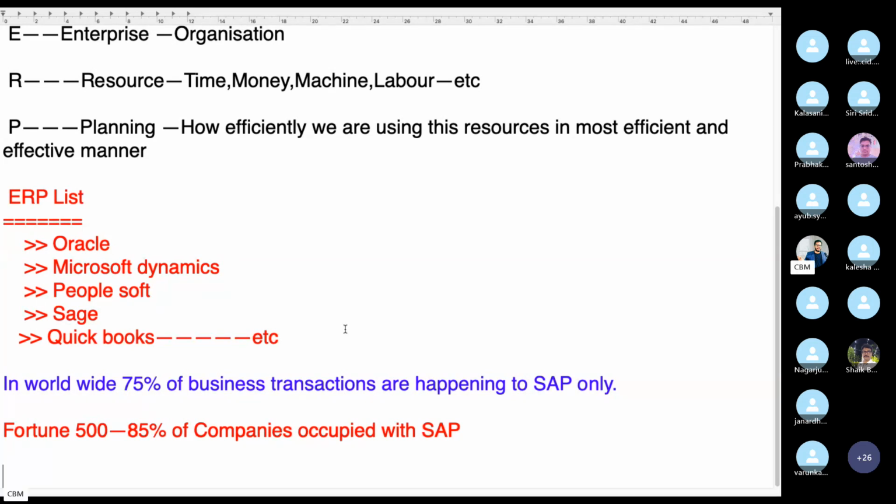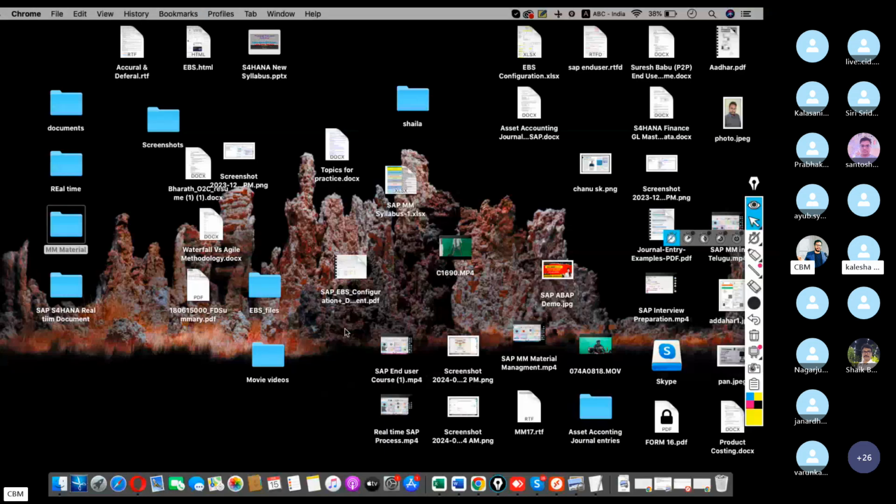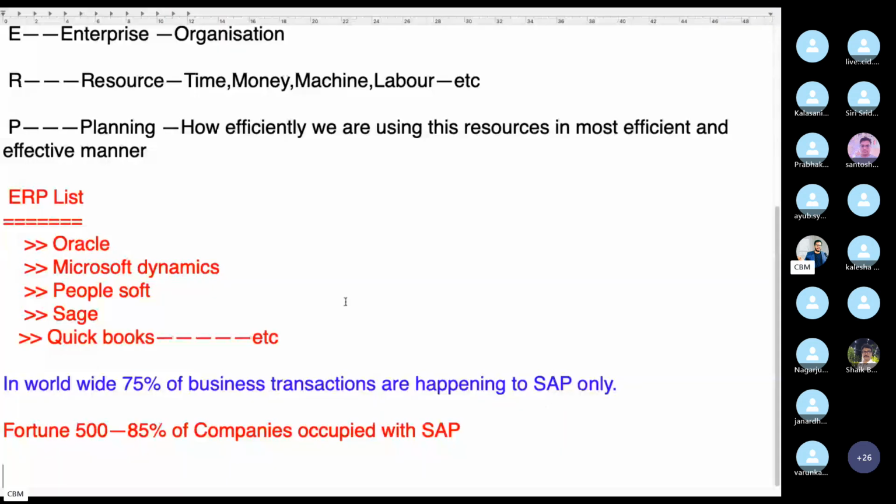One more point I want to add here. Which companies generally prefer SAP? Audit companies, but not only audit: many manufacturing companies, public utilities, research-oriented companies prefer SAP.